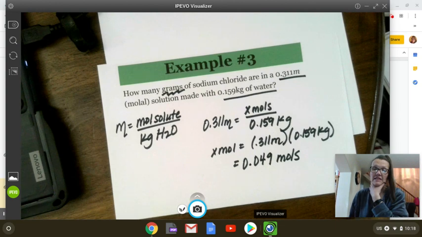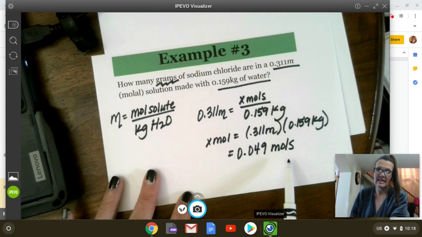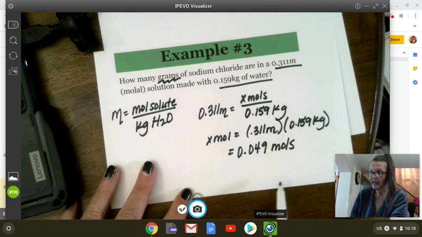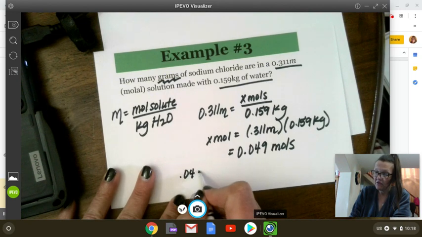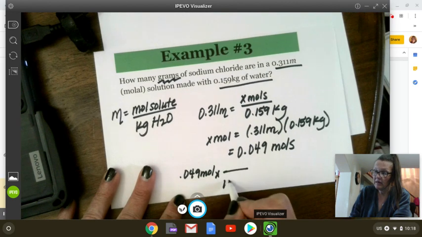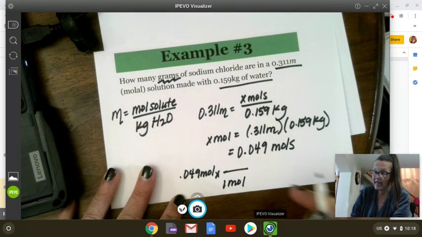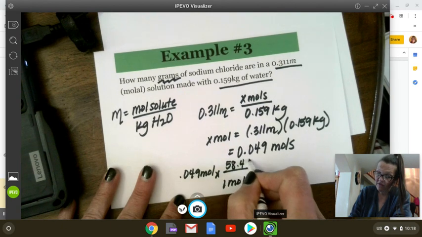Now, did that answer the question? Not quite, because it did ask for grams. So what I would do next is take that number of moles and convert it to grams using the molar mass. So 0.049 moles. We know that 1 mole of sodium chloride has a mass of 58.45 grams.